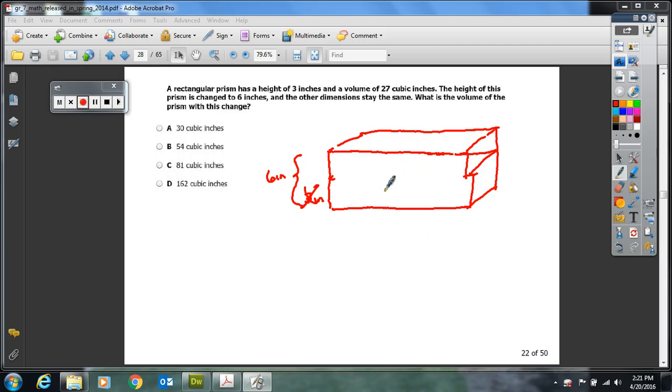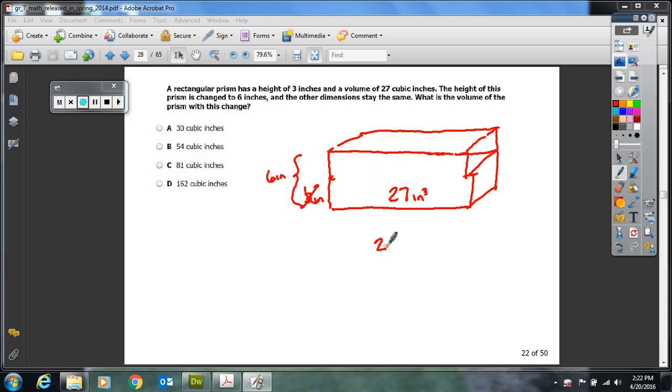So if you know the volume of the original figure was 27 cubic inches, and the height of this figure doubled, what do you think, what makes sense, would happen to the volume? Well, if the height of the figure doubled, it only makes sense that the volume of the figure would also double.